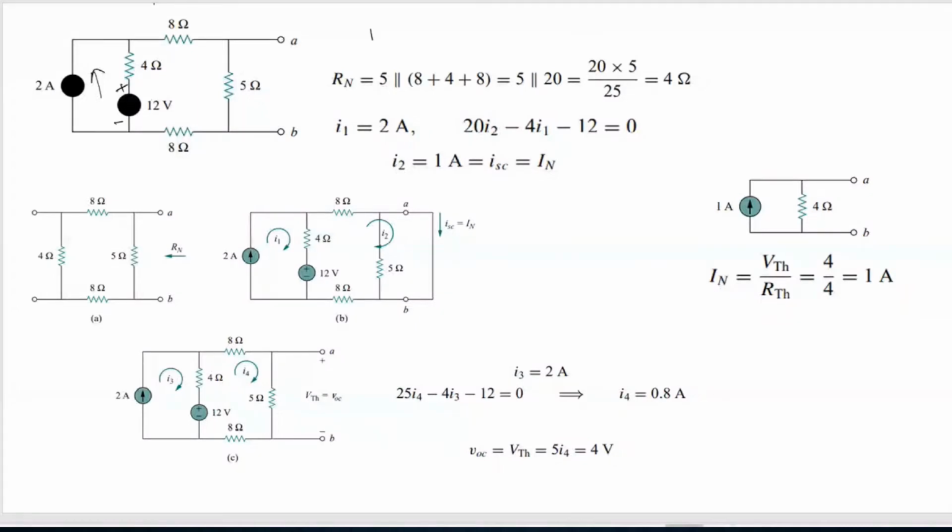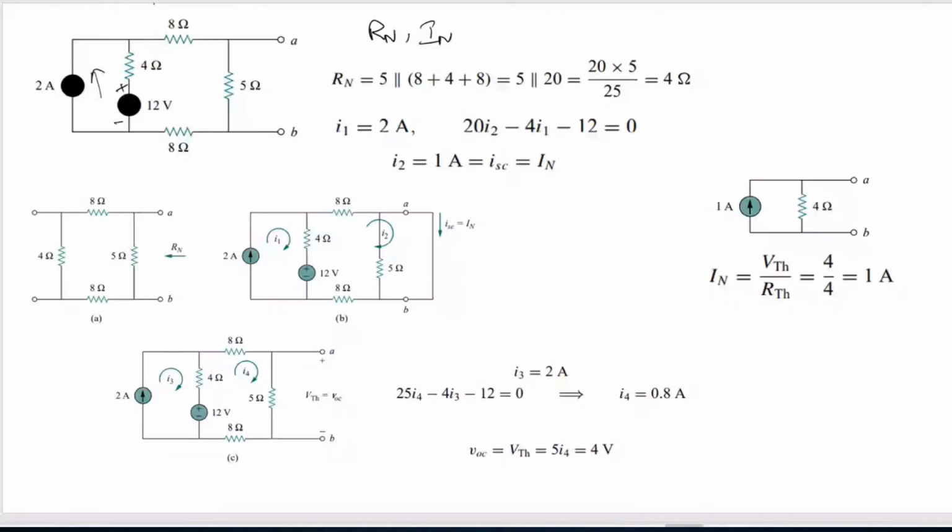Across this 5 ohms it is an open circuit. So this is 2 amperes, 12 volts, and 4 ohms. Now he is asking you to find Rn and IN.